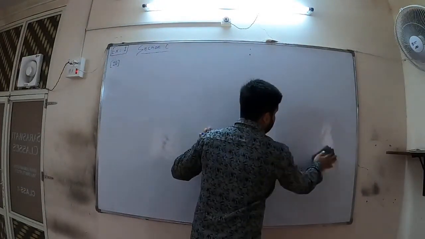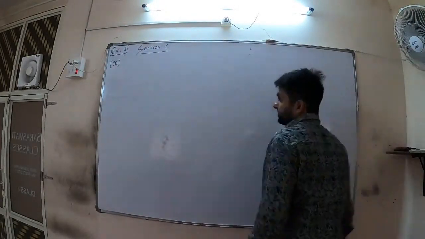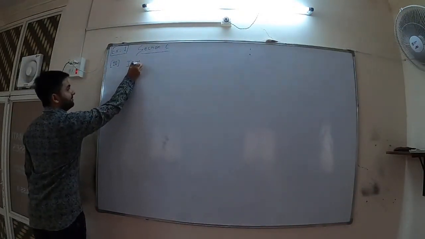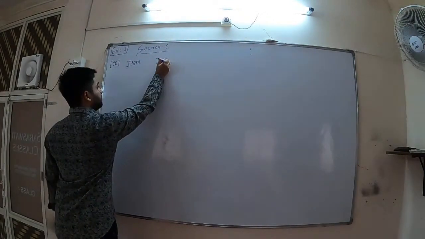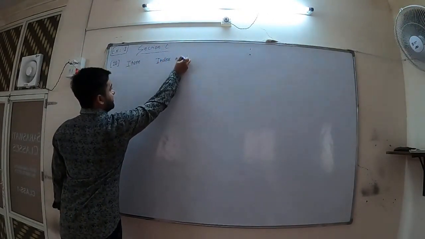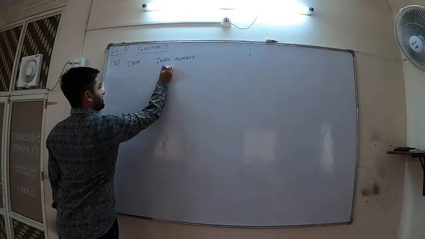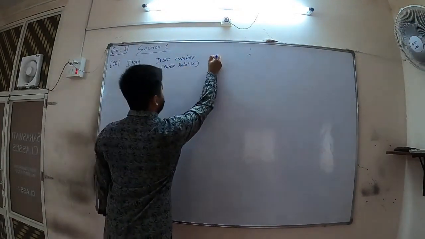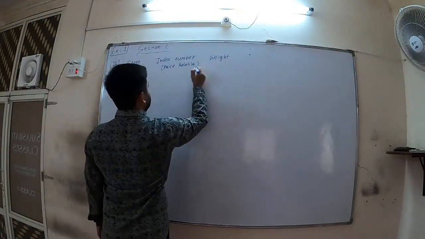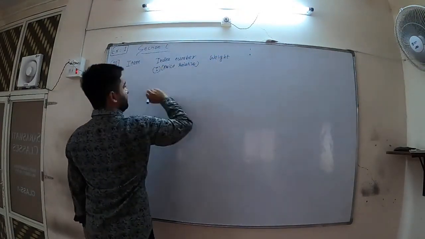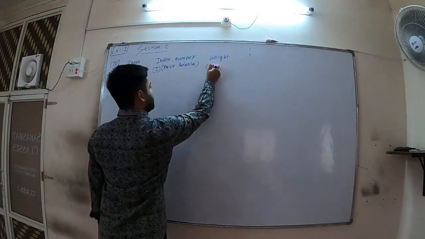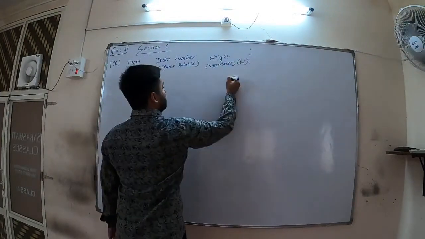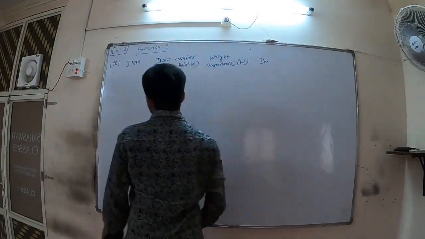So the columns of I and W are given, but given through sentences. So how will you solve the sum? Item, index number, that is price relative, price relative also I, then weight means importance, that is W, and finally item.